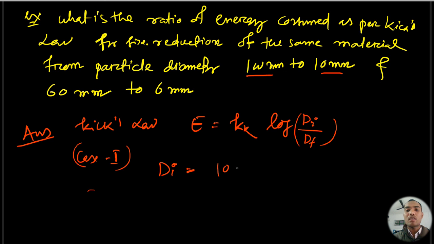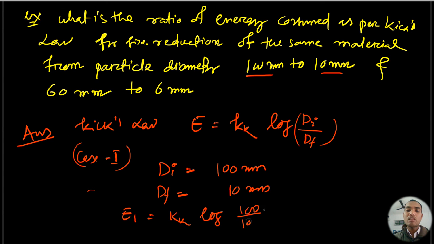So di is equal to 100 millimeter. The final is 10 millimeter. So I will note it as E1. So energy for the first case will be E1 is equal to Kk, or Kick's constant, into logarithm of di is 100 by df is 10 millimeter. So if I do, it comes as E1 is equal to, this will get cancelled, log 10 which is equal to 1. So that is nothing but Kk.